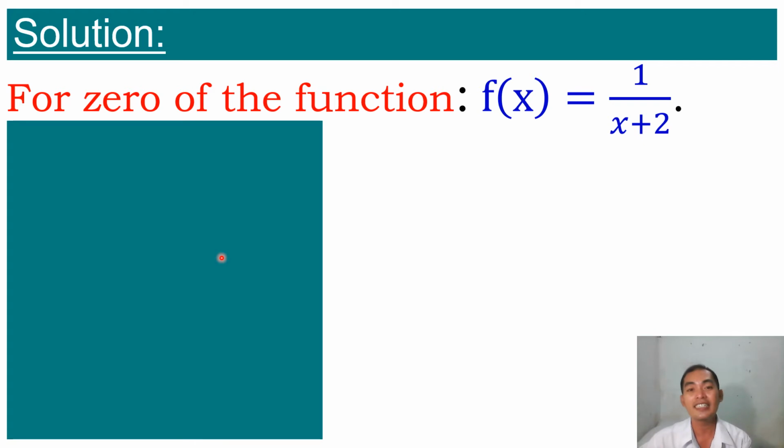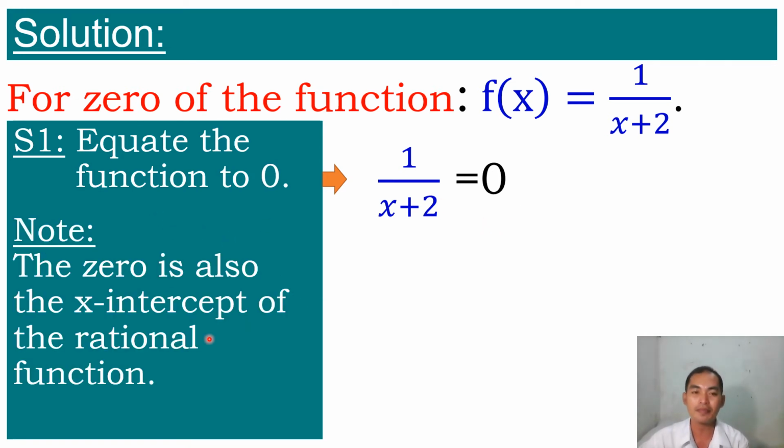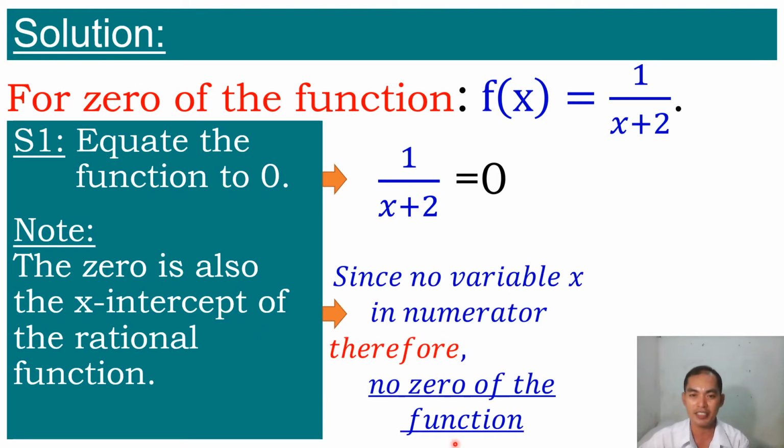I said, walang x-intercept, meaning wala din zero of the function. Same po ang process on how to get for the zero and x-intercept. The zero is also the x-intercept of the rational function. So therefore, no zero of the function because there is no variable x in the numerator.